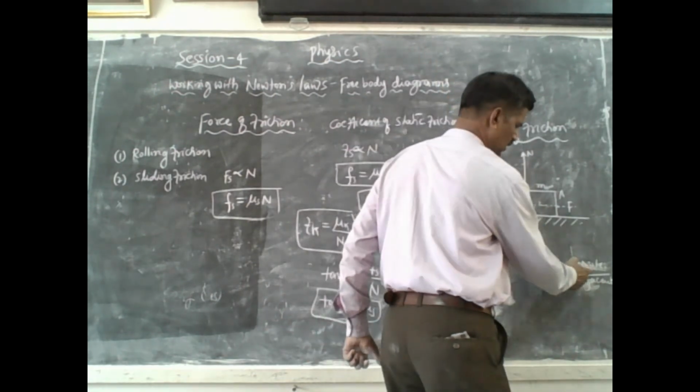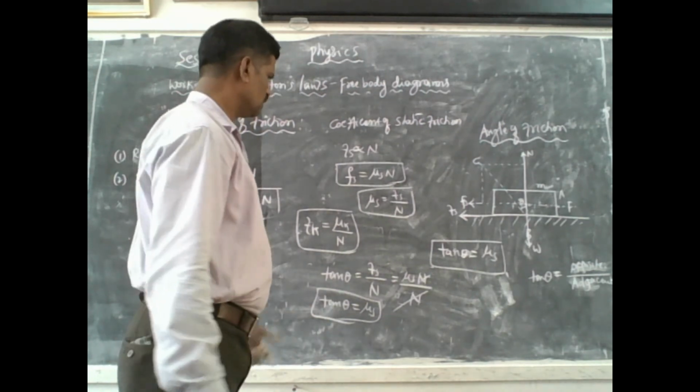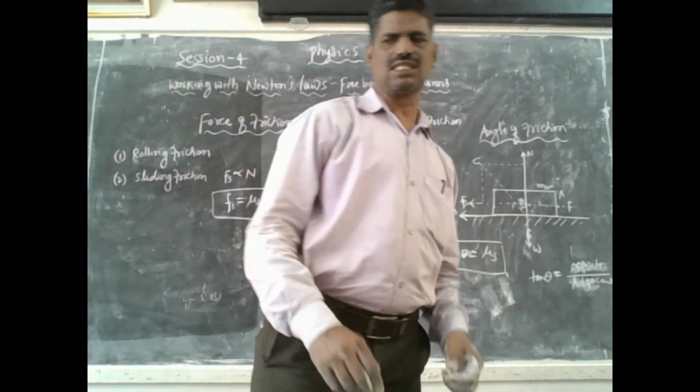So this is sin theta and this is cos theta. Tan theta is equal to mu s. This is known as the angle of friction.